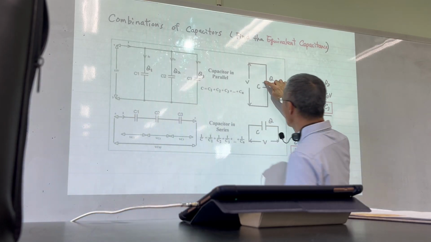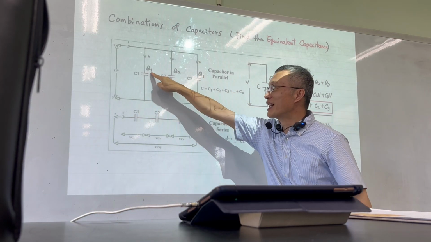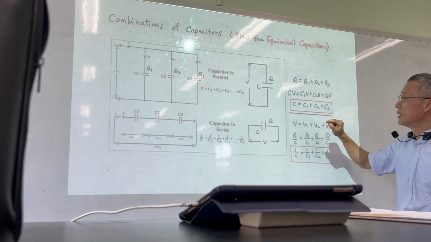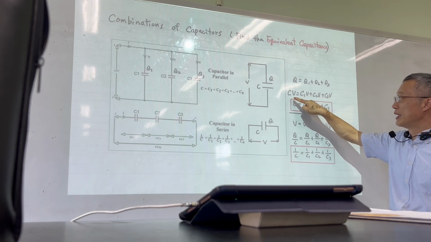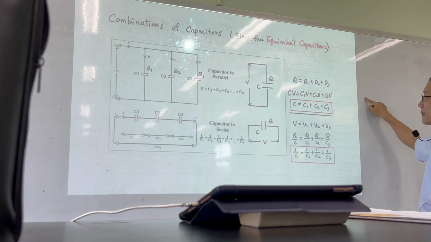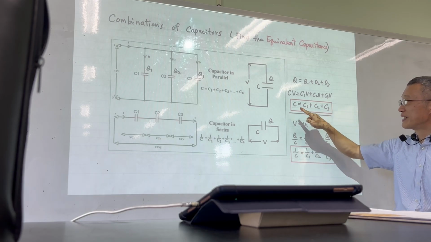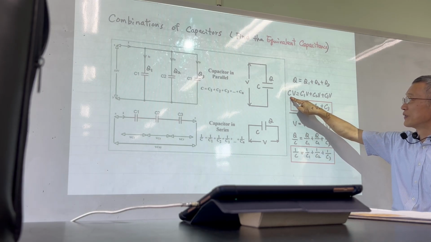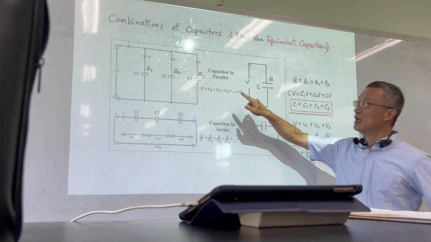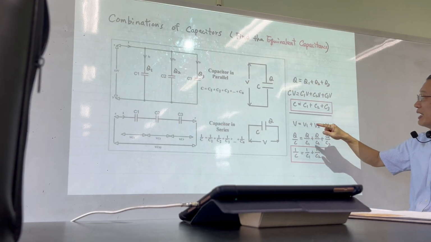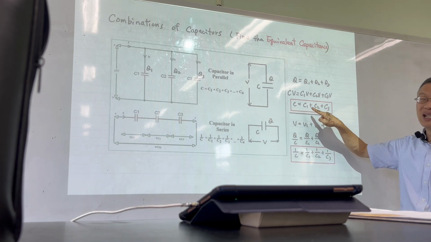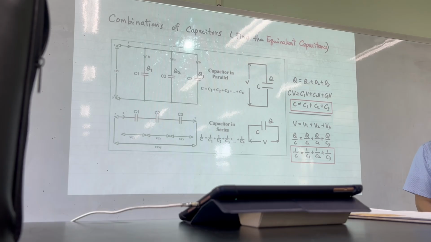We found Q is the sum of the three Qs. Q equals Q1 plus Q2 plus Q3. And we know Q can be expressed by CV because the capacitor definition is Q over V. So Q equals CV. So we use CV, and this is C1, V1. And you cancel V because they are in parallel, same V. So in parallel connection, the equivalent capacitance will be the addition of the individual capacitors.